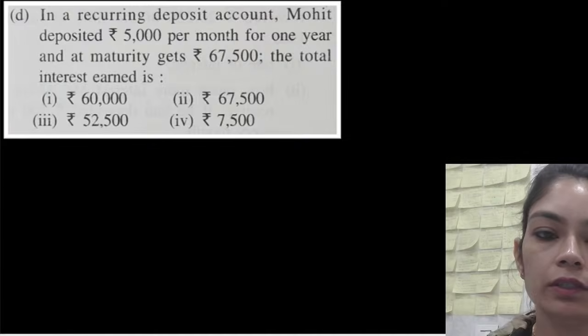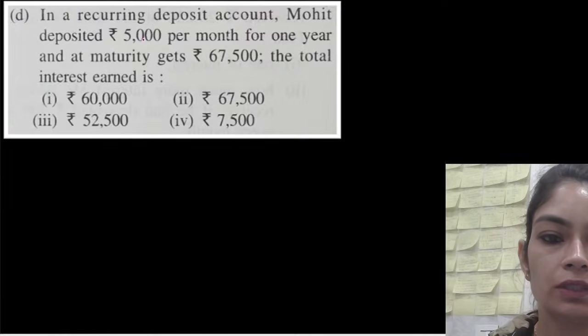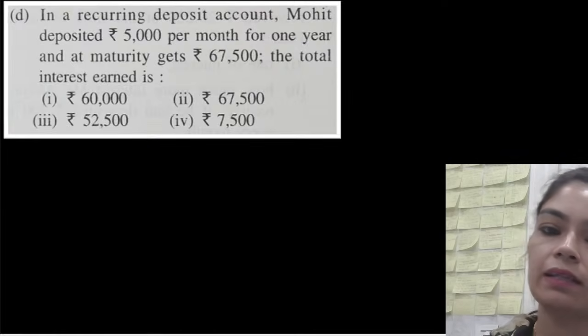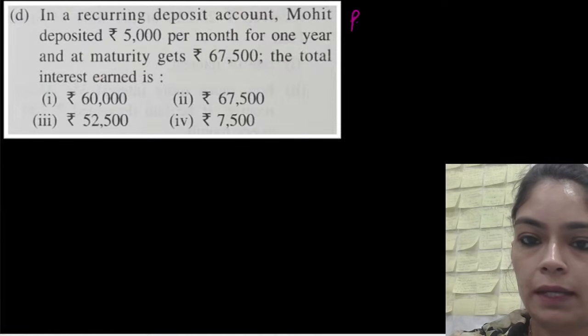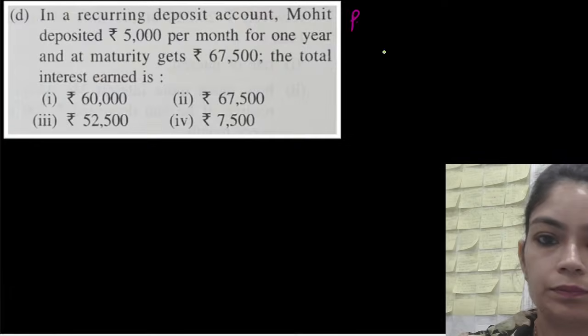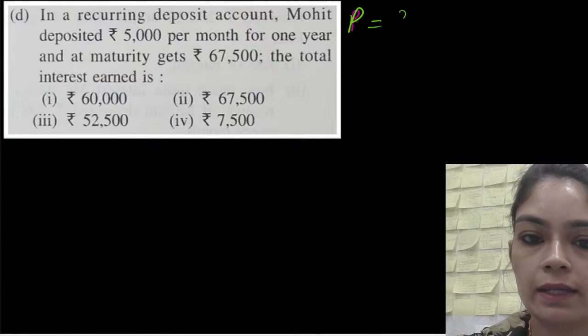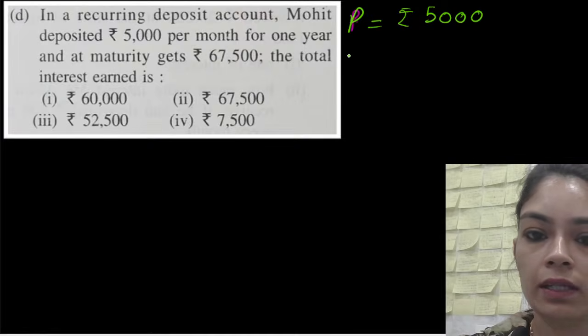Okay, you can see the question. In a recurring deposit account, Mohit deposited rupees 5,000 per month for 1 year and at maturity gets 67,500. We have to find the total interest earned. So given things: P is given to us, monthly deposit is 5,000 here. 1 year.